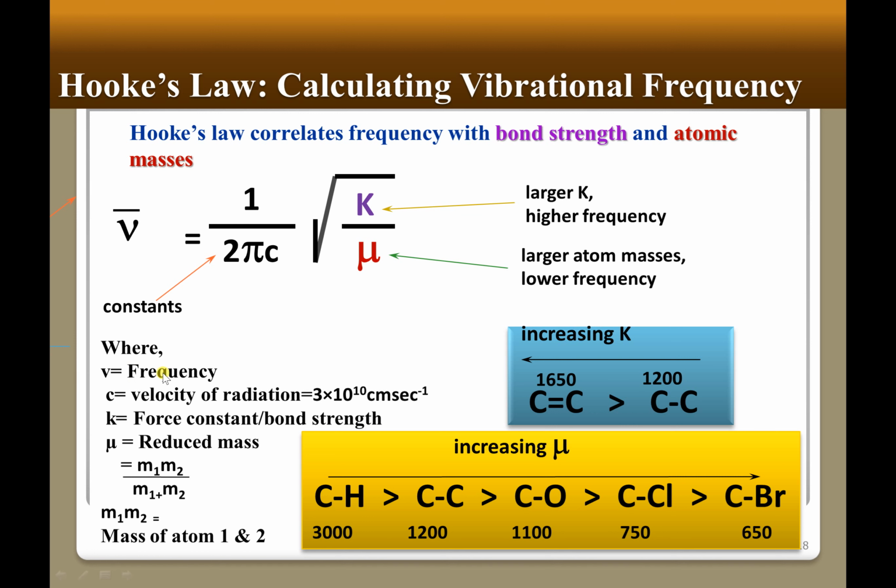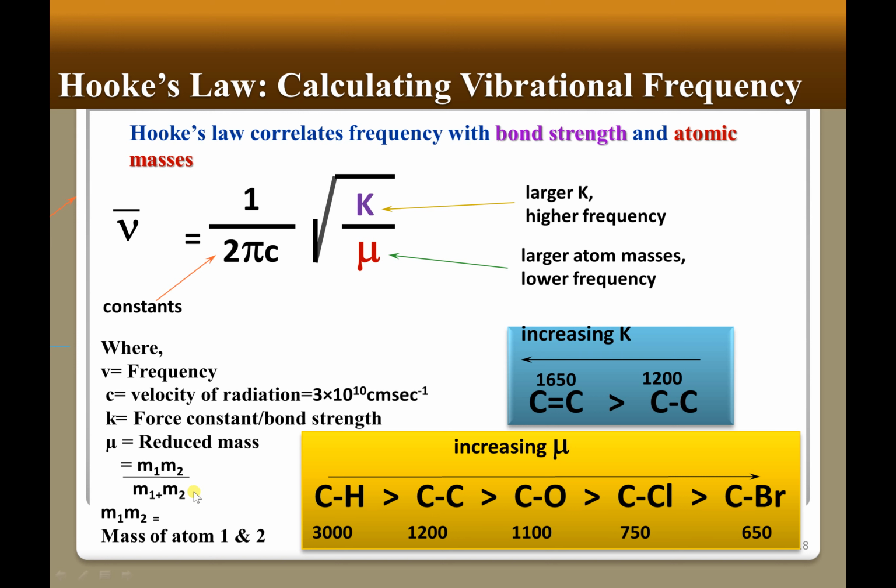Where nu is the frequency, c is the velocity of the radiation, pi is a constant, k is a force constant, and mu, if the molecule contains two atoms M1, M2, is the product divided by the sum of these atomic masses.